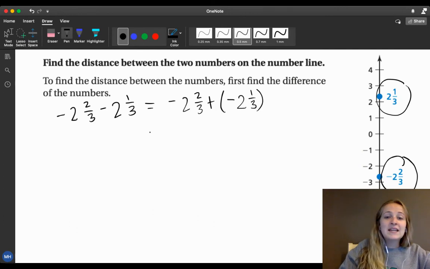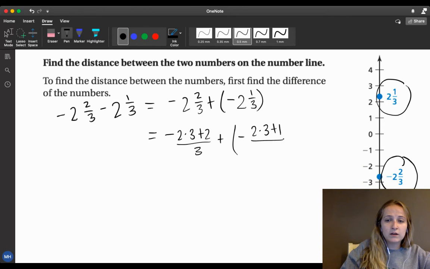Okay? Next, we need to change these to improper fractions, okay? So negative sign here, we'll go 2 times 3 plus 2 over 3. Remember, whole number times denominator plus the numerator, all over that denominator, plus negative 2 times 3 plus 1 over 3. So again, we're doing that same setup.